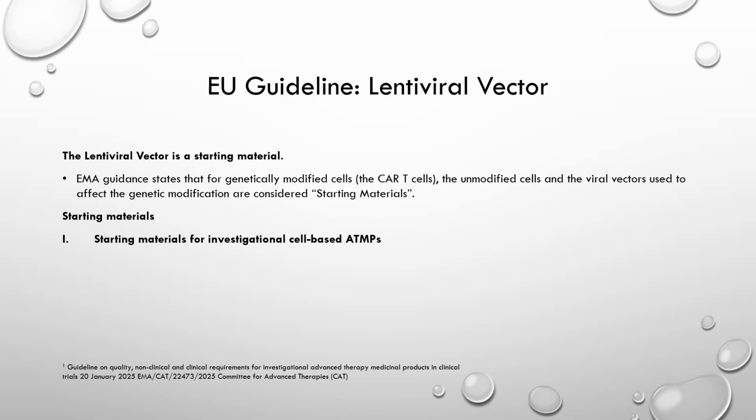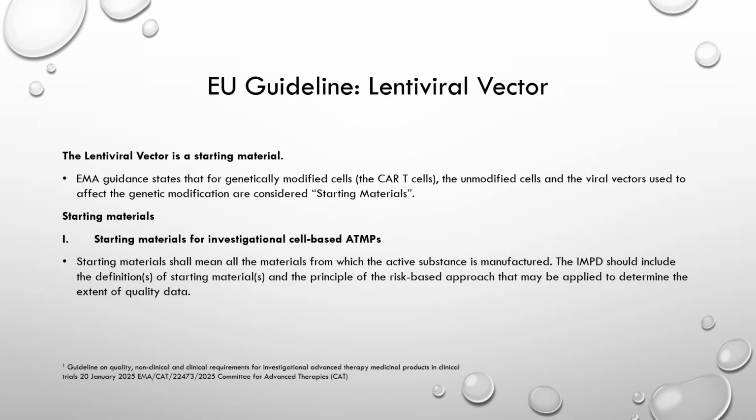Starting materials for investigational cell-based products. I got this from the guideline on quality, non-clinical and clinical requirements for investigational advanced therapy medicinal products in clinical trials. This was a recently adopted guideline, 20th of January 2025.